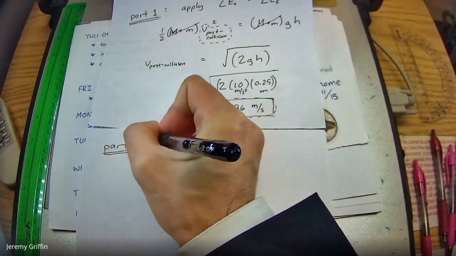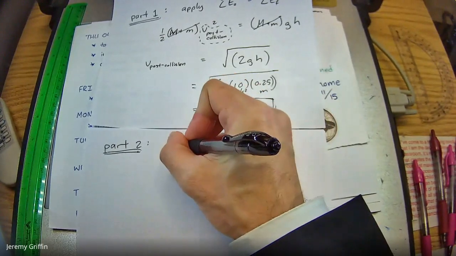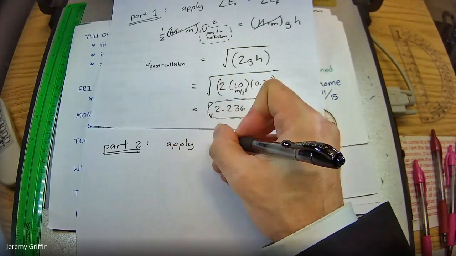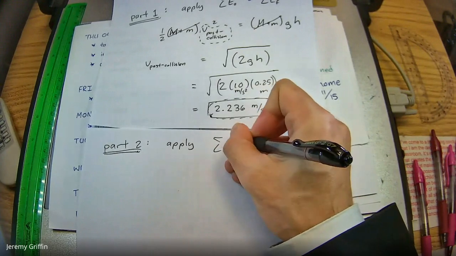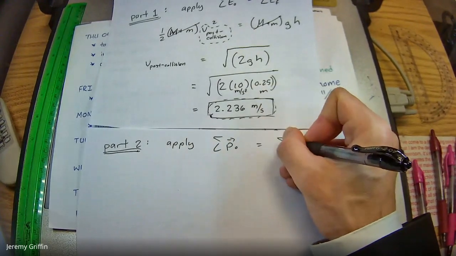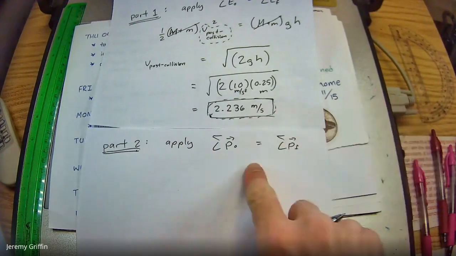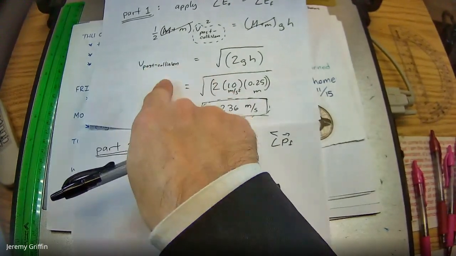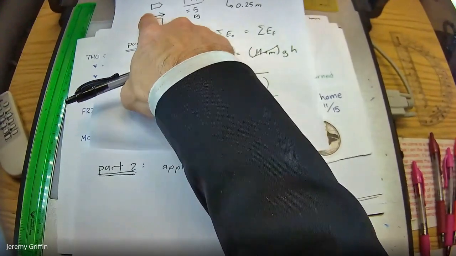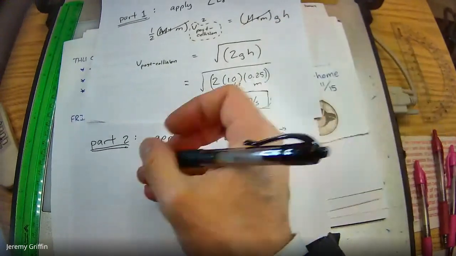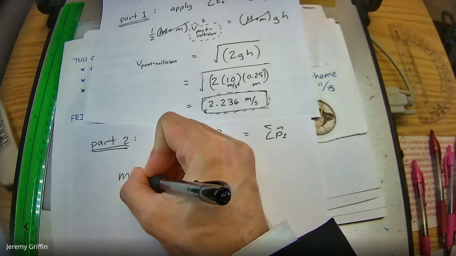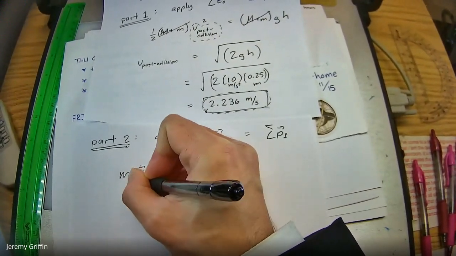Part two is chronologically what happened first. Apply conservation of momentum for the collision. Sum of momentum before the collision equals sum of momentum after the collision. Now, where did all the momentum come from? Well, it came from the fact that the bullet was in motion. So it all came from the bullet. Mass of the bullet times velocity of the bullet, that's what we're actually solving for now.